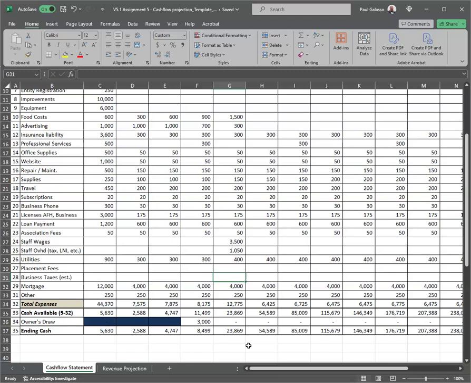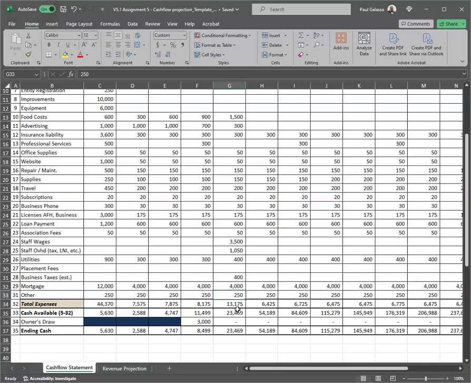So again, because we don't really know how much tax we are going to have to pay, let's just go ahead and start putting, I don't know, let's say $400 this first month, because this is showing that we're going to be making a good amount of money.